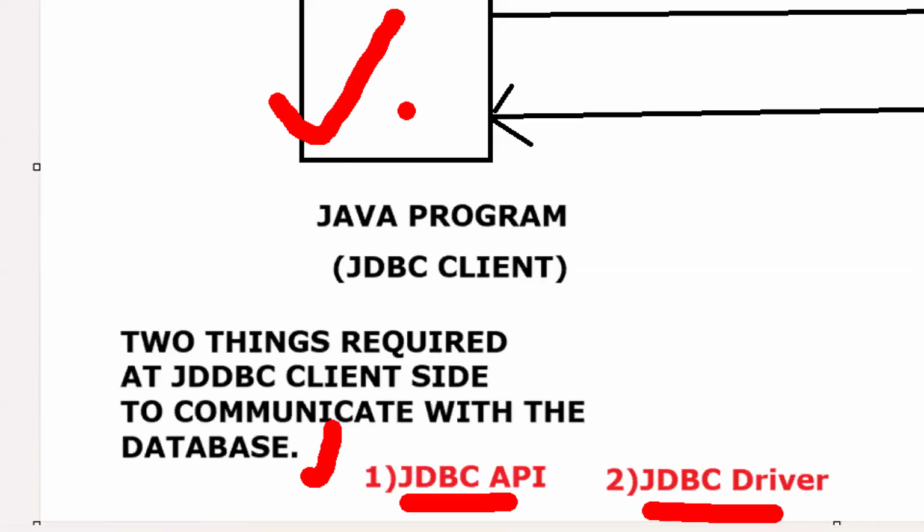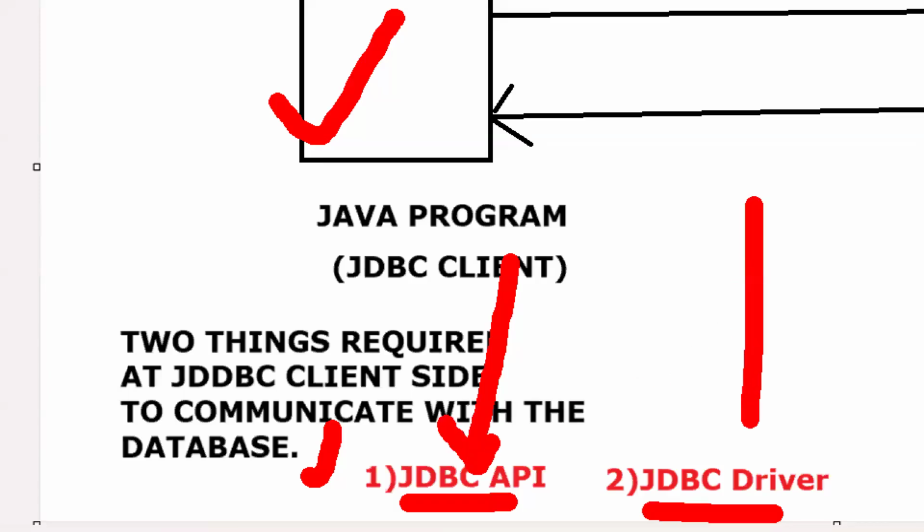Java program is running in which computer? In that computer, two things must be installed. Otherwise, Java database communication is not possible. What are those two things? One is JDBC API. The other thing is JDBC driver.